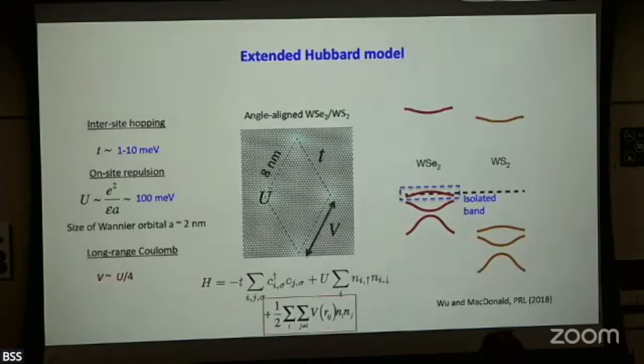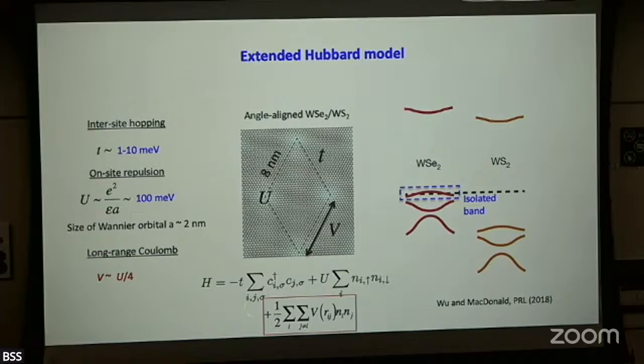Okay, so you brought up this long range interaction, and this actually is important because the lattice is 8 nanometers, and the size of the 1s orbital is 2 nanometers. So they are the same order of magnitude. So this V can be a significant portion of U. So we can't ignore them.